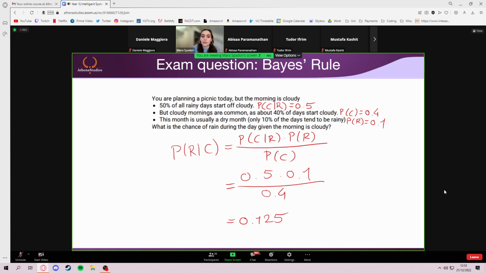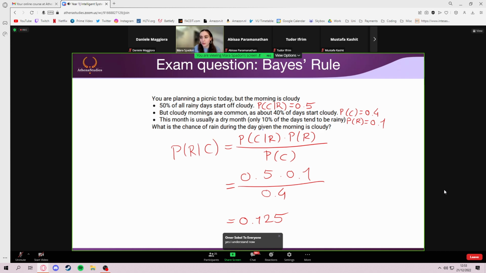Here, I guess "start off cloudy" might be the confusing part, right? So it says of all rainy days. That is the fact we've been given: it is a rainy day. What is the probability that it is cloudy? So that's why it's C given R. Yes, and then we want to have the chance of rain given that it is cloudy.